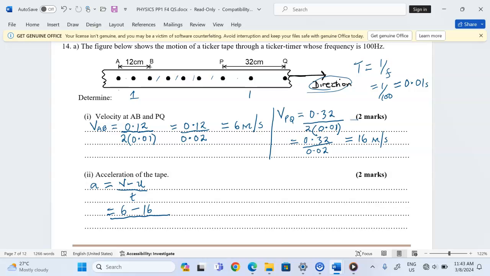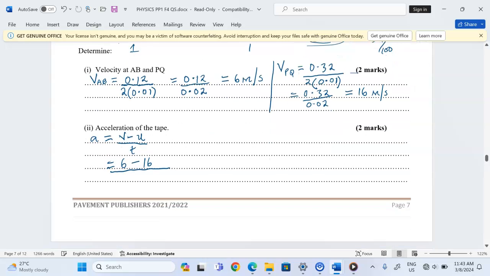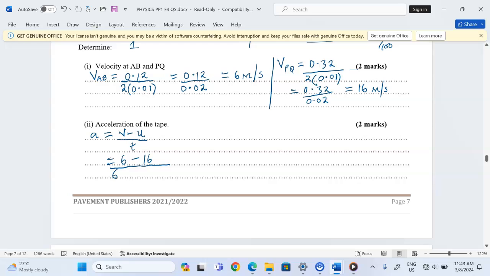Therefore, we have 4 plus 1 and 1, which gives 6 intervals multiplied by 0.01. So this is going to be negative 10 over 0.06. When we divide this, it gives negative 166.